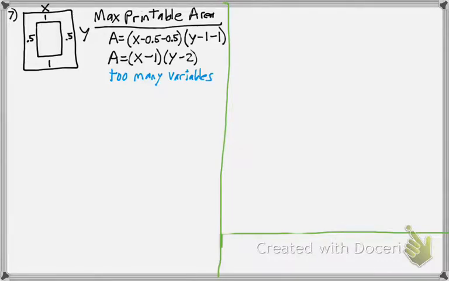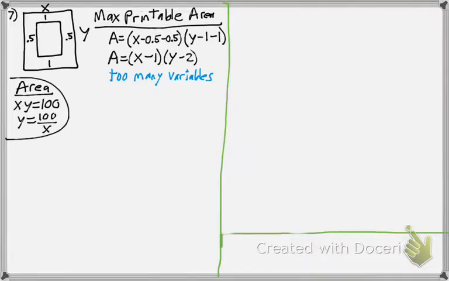So the area, not the printable area, but the actual entire area of the page has to be 100 square inches. So x times y, I know, has to be equal to 100. So y is equal to 100 over x. And this is the information that I'm going to use in order to make my equation in terms of only x.